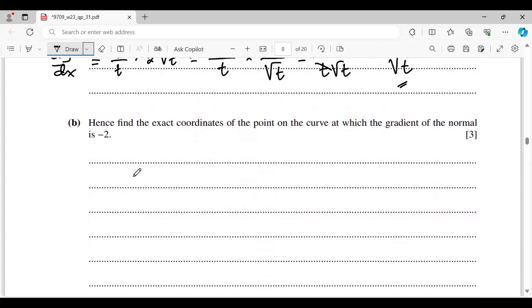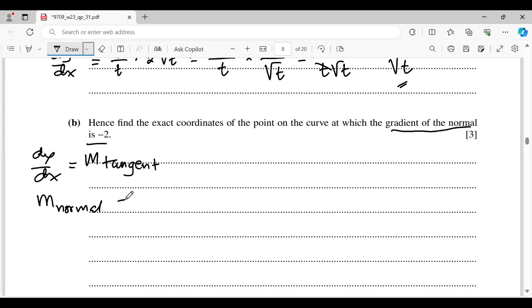Now part b, hence find the exact coordinates of the point on the curve at which the gradient of the normal is -2. dy dx is the gradient of the tangent, and the gradient of the normal equals -2.